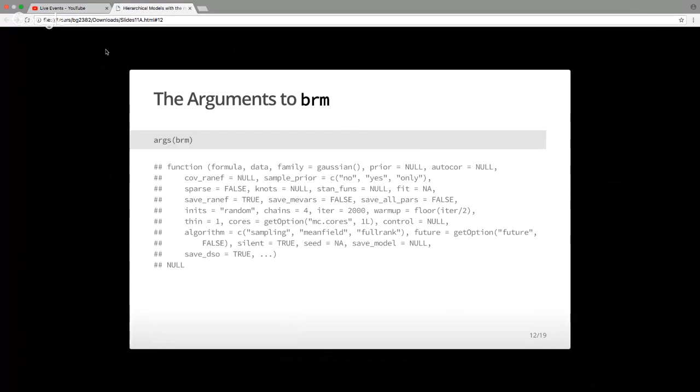So it would not surprise me if almost all the models that you are interested in estimating could be estimated using just the brm interface to Stan.